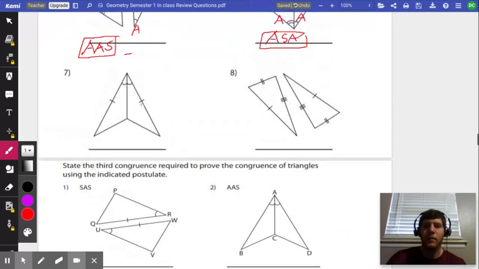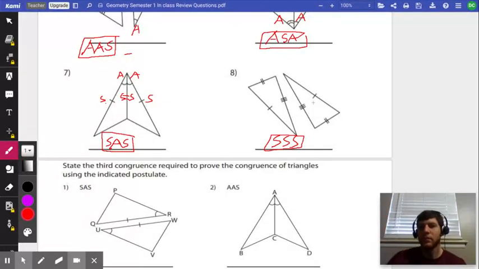Down here you can use the reflexive property. And now you have a pair of angles here, and then a pair of sides. So that's side, angle, side. And then here you have three pair of sides, so that's going to be side, side, side.